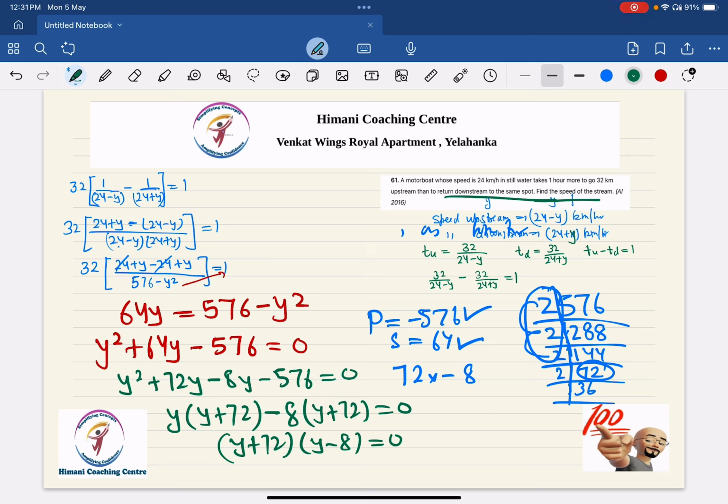So it will give us what? Either y is minus 72, rejected because speed cannot be negative, or y is 8, which is the speed of the stream. So that is the answer. y equals 8 kilometer per hour is the speed of the stream.